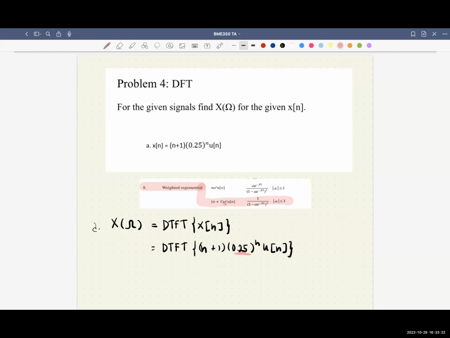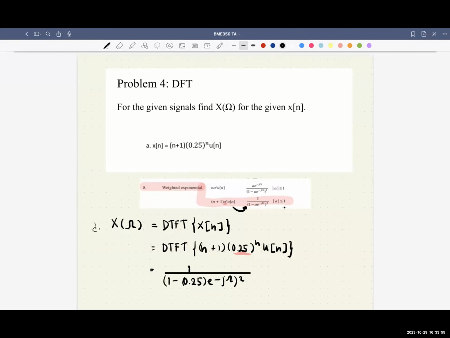So when I apply the discrete time Fourier transform to this, I'll just get this side, right? Apply DTFT and I'll get 1 over (1 minus 0.25 times e to the power of negative j omega) squared. And be careful about the condition.